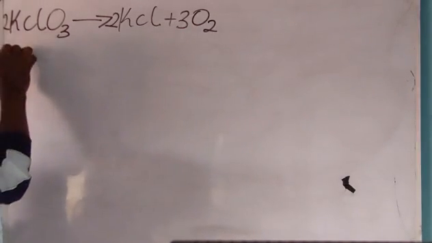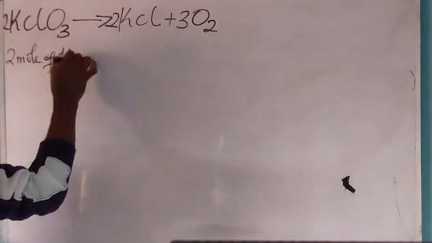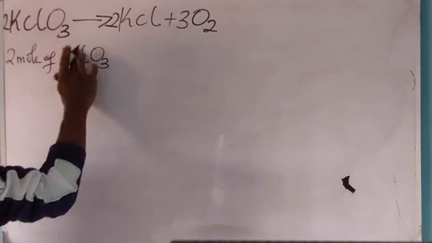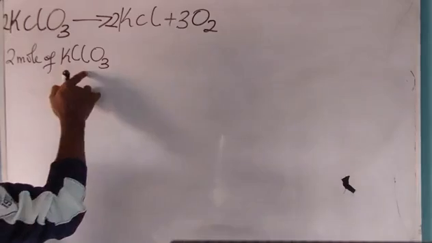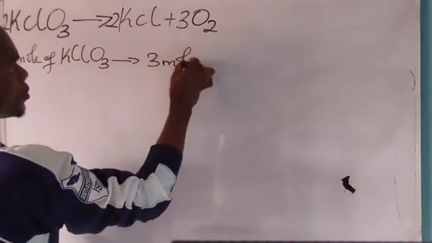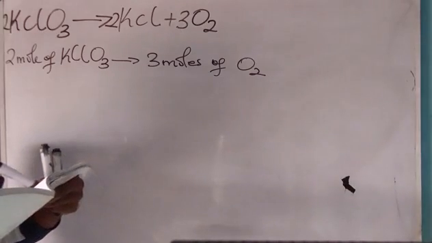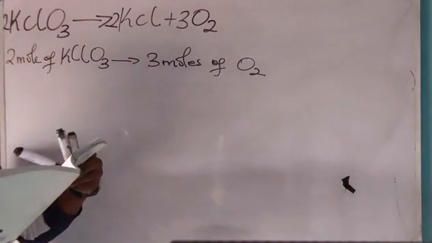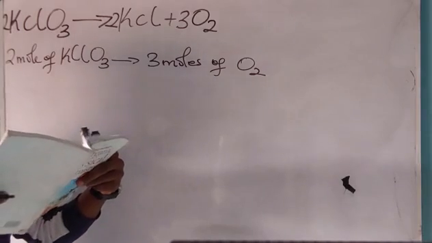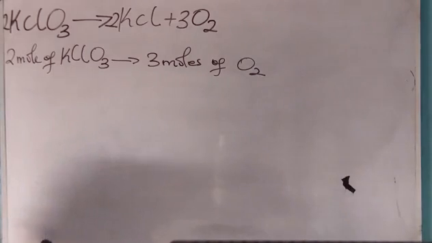You say 2 moles of this will produce how many moles of oxygen? 3 moles of oxygen. Then, how many grams of this must react to produce 5 moles of oxygen?